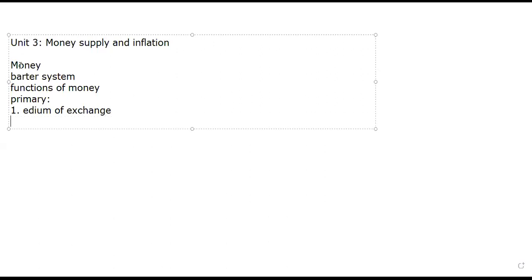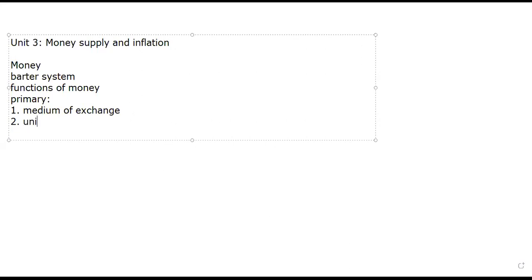Every method of transaction or exchange should facilitate exchange. That is medium of exchange. You can take a pen also as money, but it should facilitate the mode of exchange. That is the main reason why we consider money as a form of money, which was not fruitful at the time of the barter system.